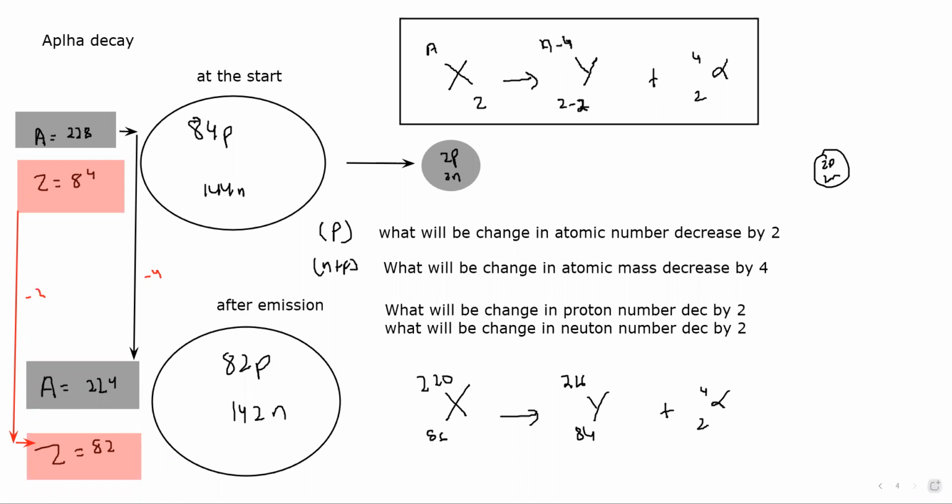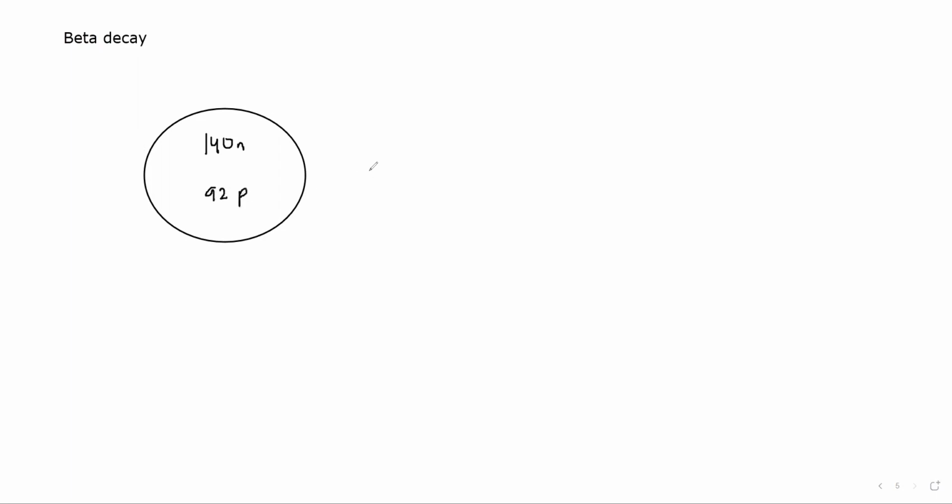The second one is beta decay. For example, you have a nucleus having 140 neutrons and 92 protons, and it emits beta.